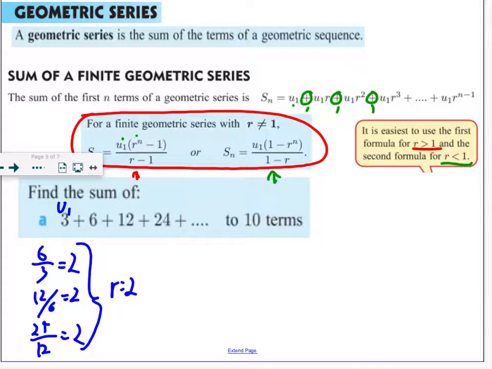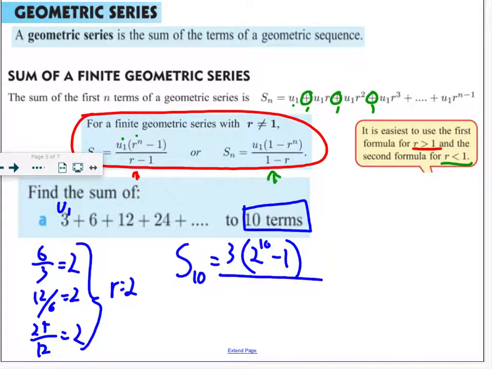Because my r is greater than 1, I'm going to use the first formula. So the sum of the first 10 terms is equal to u1, which was 3, times r, which is 2, to the n, which is 10, minus 1, over r, which is 2, minus 1.